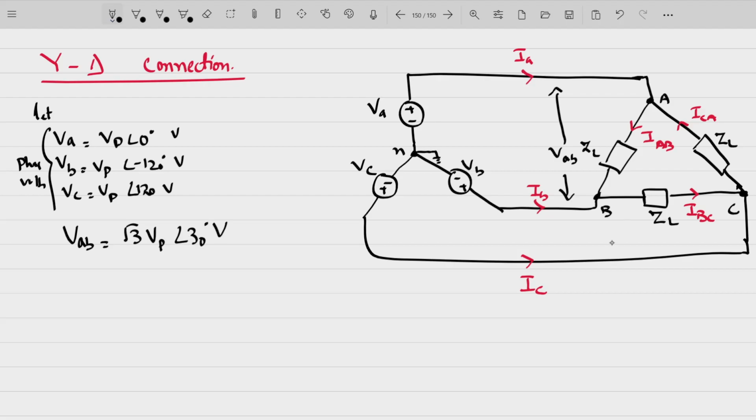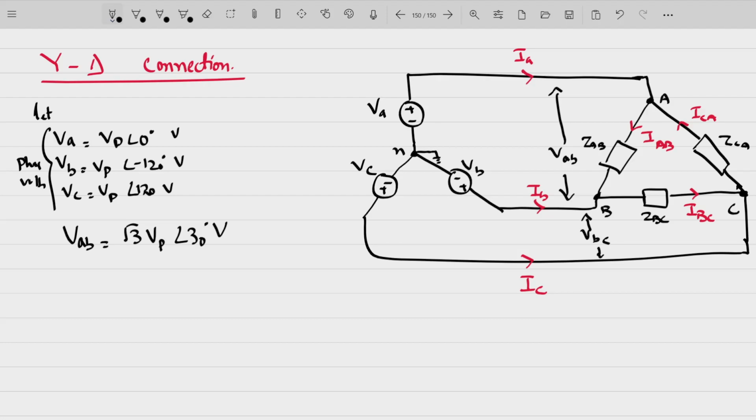What will be the voltage across B and C? Voltage across this point, VBC, is also the voltage across this particular load. Let me name these source loads. Let them be ZAB, ZBC, ZCA.